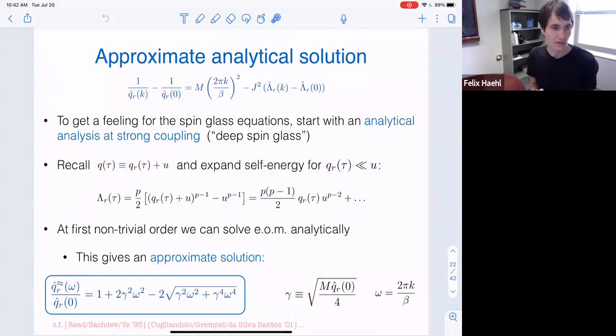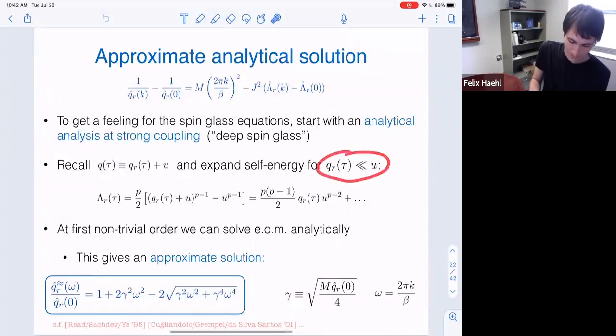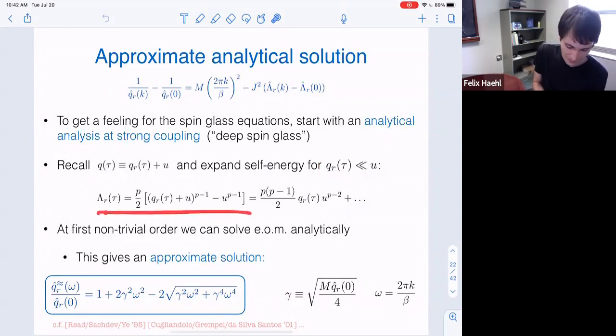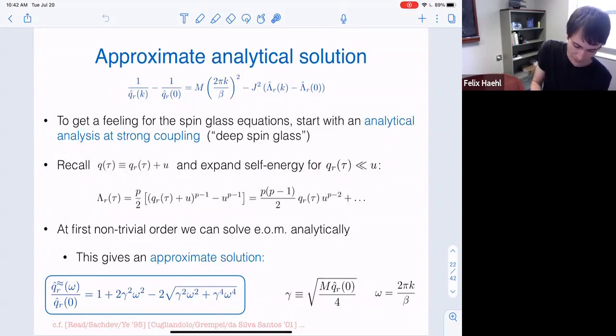So we can do a perturbative expansion in that. In particular, we can consider this self-energy lambda, one of the combinations that shows up in the equation of motion, and expand it for small QR compared to U.